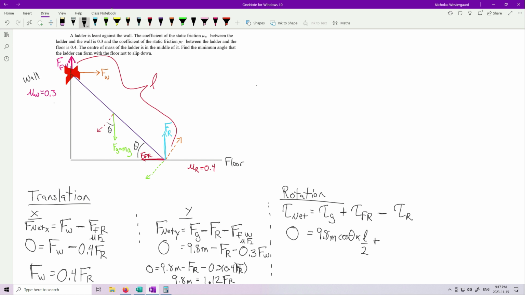Time to get the friction one. Friction, we already got friction. Friction is 0.4, the coefficient of friction, times the normal force. Now, hold the phone. If this is theta, and the purple is perpendicular to our green, then that means this is 90 minus theta.